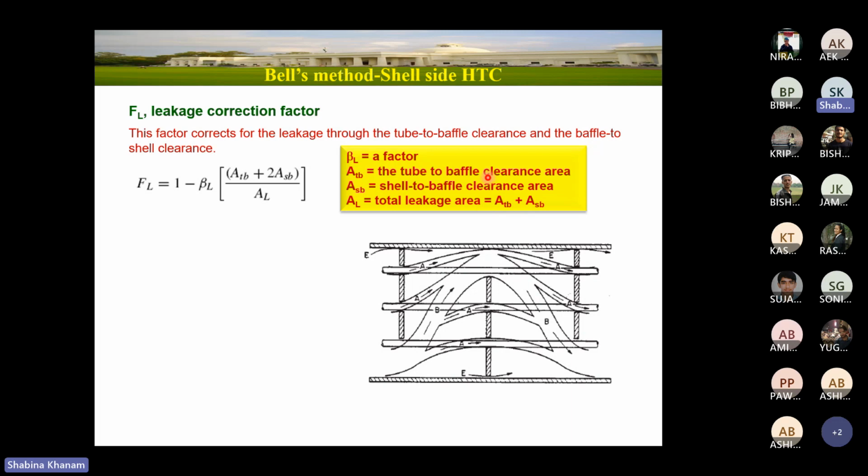ATB is the tube to baffle clearance area, means this one. ASB is the shell to baffle clearance area, means stream E. Addition of this will give AL.